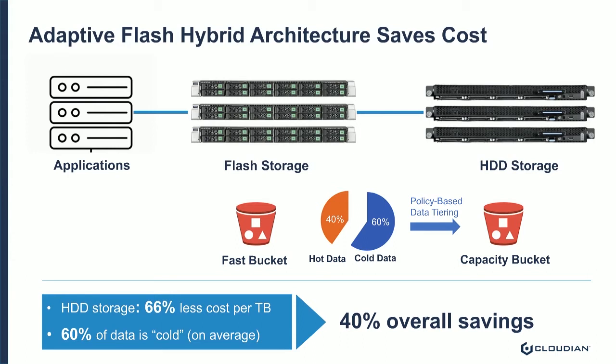This overall adaptive architecture brings extra savings from a TCO perspective, right? We know that the spinning drives and the capacity storage are on average about 66% cheaper when it comes to dollar per gigabyte. And if you look at it, about 60% of the data is cold. So you're looking at least an additional 40% overall savings.